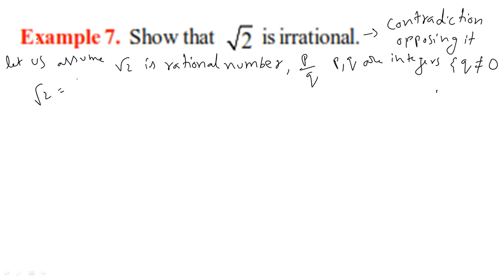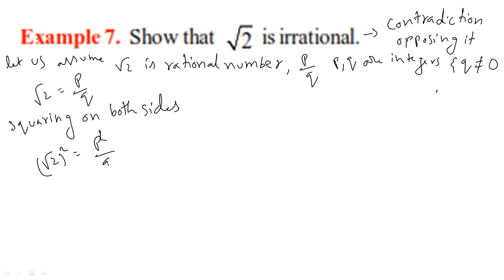Therefore, root 2 is equal to p by q. Squaring on both sides, root 2 whole square is equal to p square by q square. Root and square get cancelled, so 2 is equal to p square by q square.